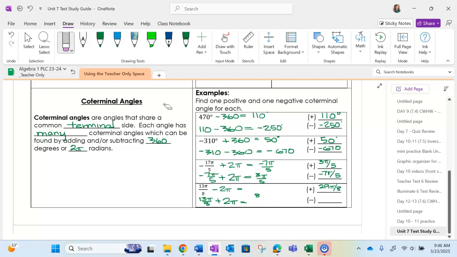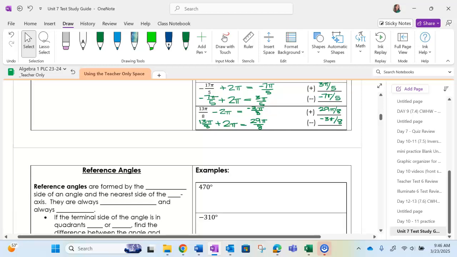I'm just copying it from my notes. 29 pi over 8 is the positive one, and it goes down here when I added 2 pi. When I subtracted 2 pi, I got negative 3 pi over 8. And that's what goes here. Some of you might have already caught me on that. All right, good job.